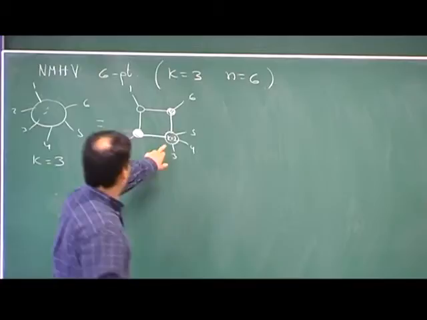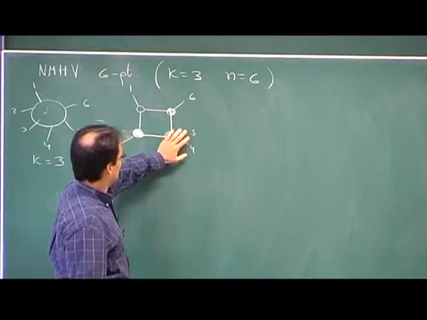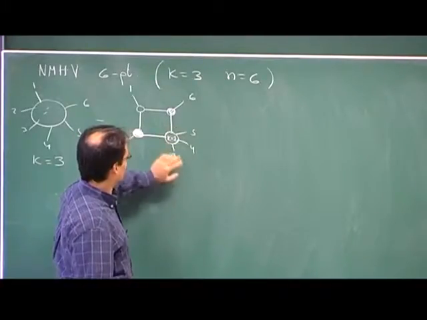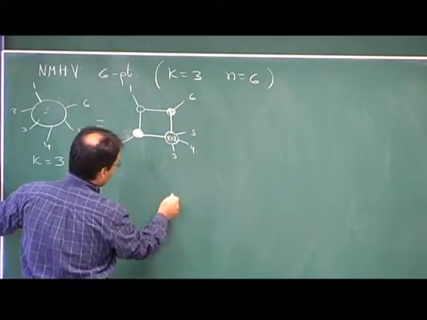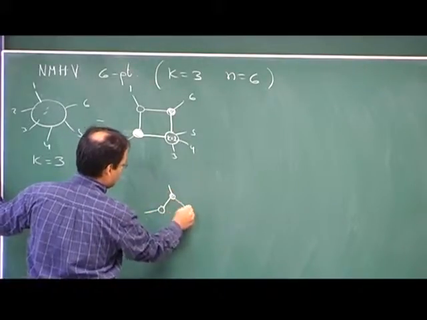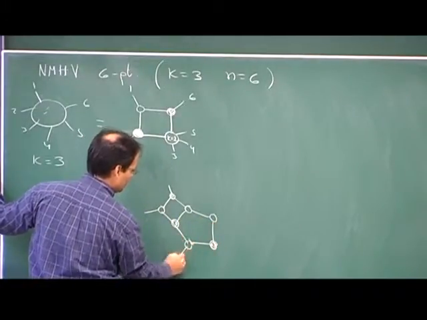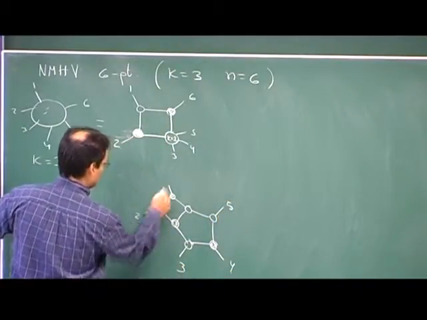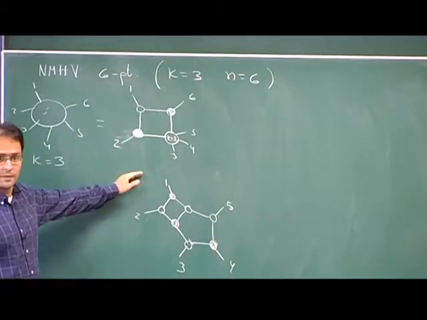Well, yesterday, as an exercise, you were supposed to compute the on-shell diagram, or show what the on-shell diagram was for a 5-particle amplitude. So one possibility you probably found was it could have been something like this. I'm sure everybody did it, right?